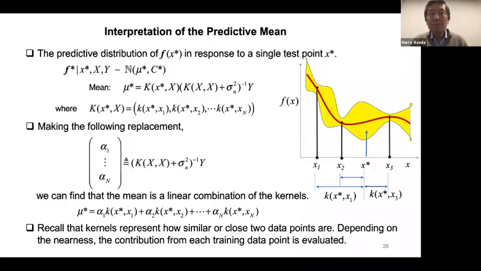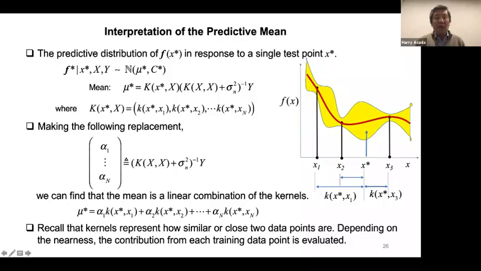Now, the interpretation of this predictive mean. This is conditioned by such and such, and this is the mean value, right? Now this can be interpreted very nicely. This particular block of the kernel matrix has these components.